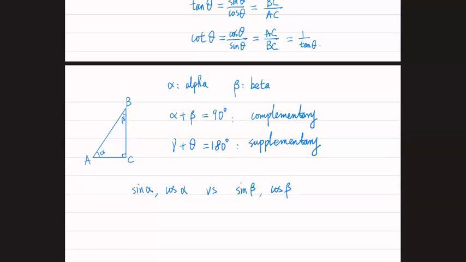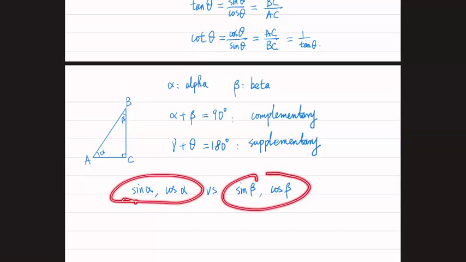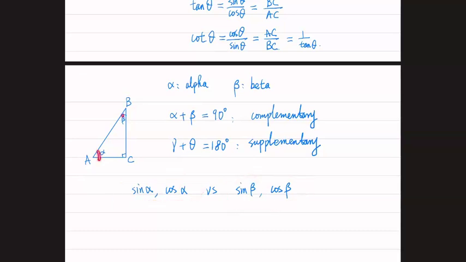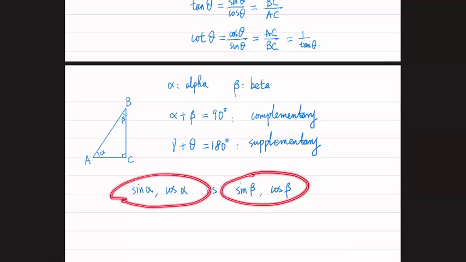Fred, what do you think? Alpha and beta. Anyone else? Isabel, what do you think? Not sure.